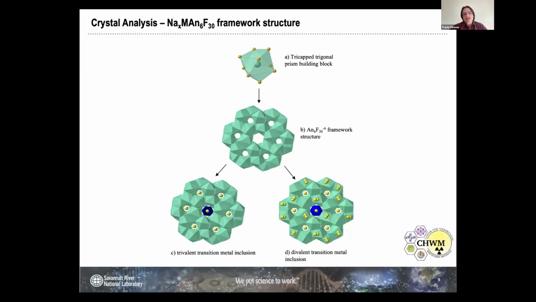And sorry, also the center void is alternatively filled with transition metal and then sodium atom and then transition metal. That's why you see the yellow dot in the center there. On the right, if it is a divalent transition metal, you need another sodium atom to charge balance the structure. So another sodium atom will fill the space in between the building blocks making up your framework structure.